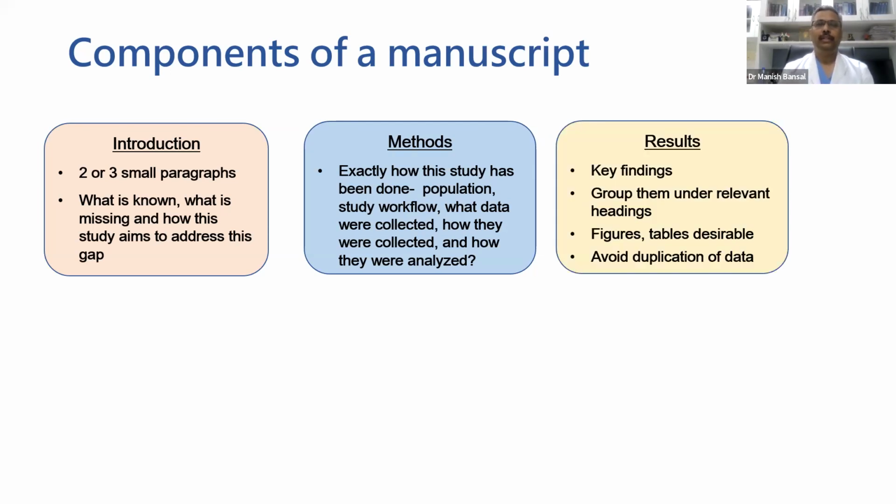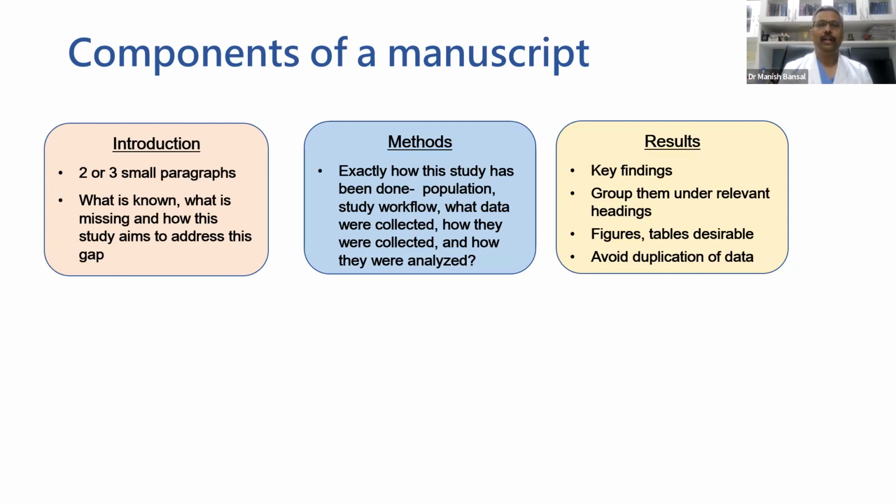Then comes results. In results, we need to describe only those findings which are relevant to our work. When we do analysis, we generate a host of findings, but it's not mandatory to present everything. In fact, we should not try to complicate results too much. So, for example, I recently came across a work in which two different kinds of parameters were compared, but the author tried to create multiple subgroups of both the parameters, and it became very, very complicated.